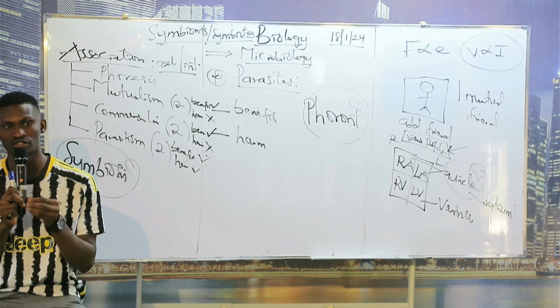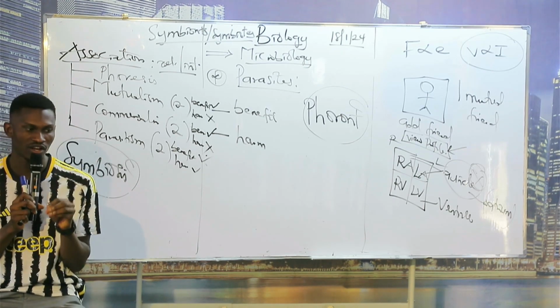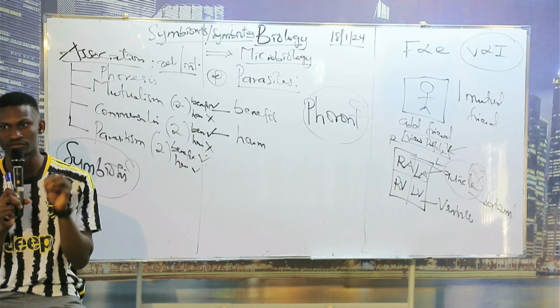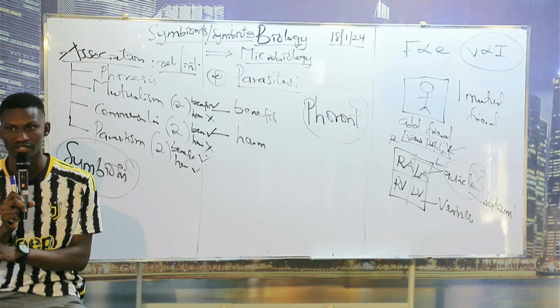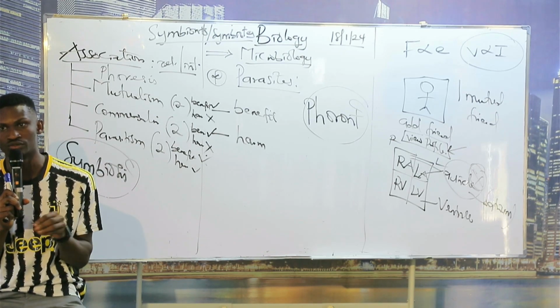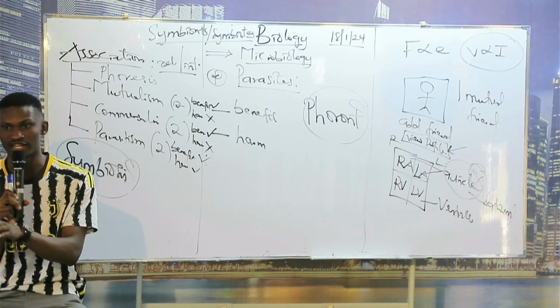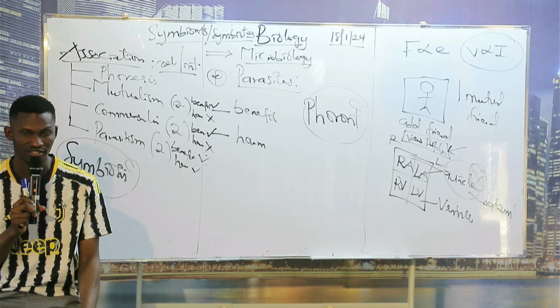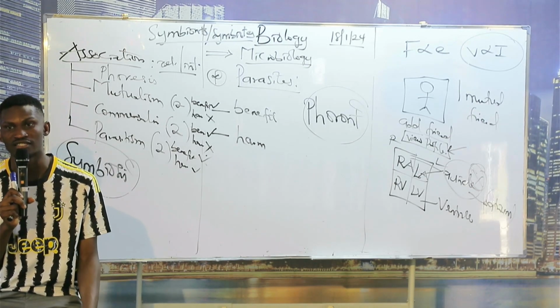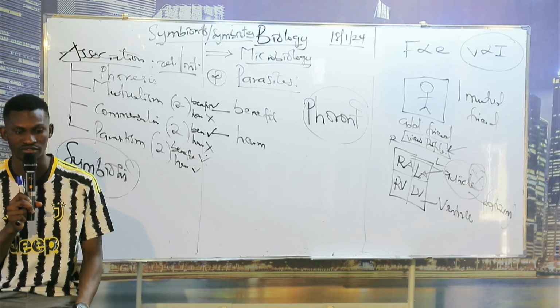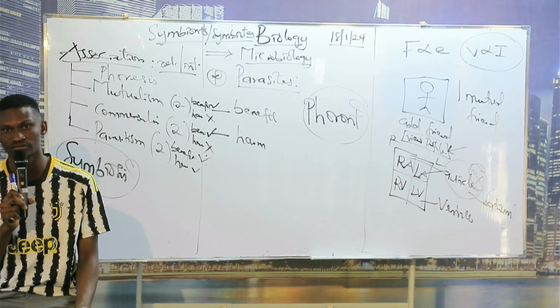In phoresis, the only relationship there is that the bigger organism will always carry the smaller one from one place to another. What does the housefly do? It perches on feces, picks up bacteria, perches on food, and drops bacteria. Is it phoresis? Yes. Just movements. It does not do any special work.